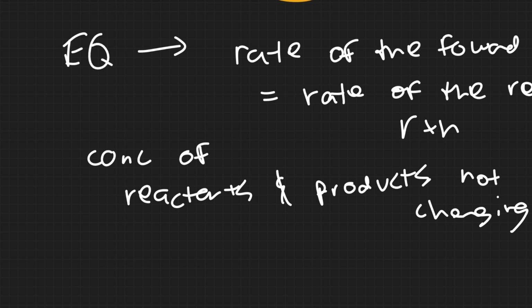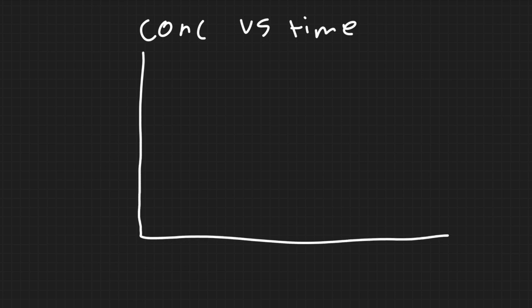And just to give a better visual on what that would look like, let's say I was to graph concentration versus time of the reaction we were looking at above. So essentially, let me just graph this here like this.